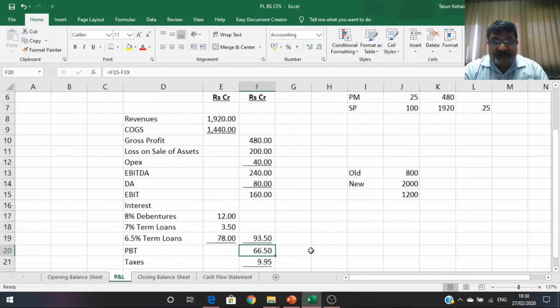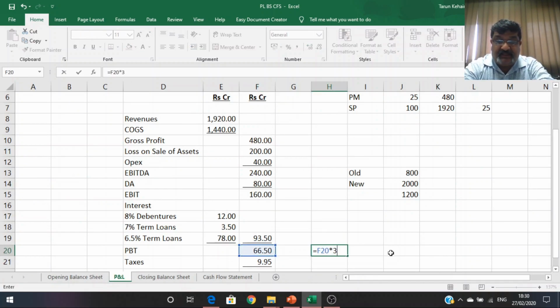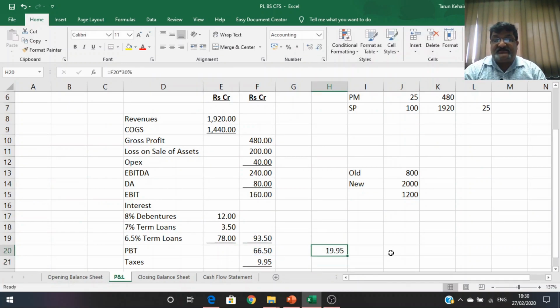Now, ideally, on 66.5 crores, I have to pay 30% taxes, which is 19.95 crores. But do I really need to provide 19.95 crores, removing this from the profits as an income tax provision? The answer is no, because you already have 10 crores as surplus lying from your previous year. So you will reduce as provision for tax only 9.95 crores, reducing the 10.